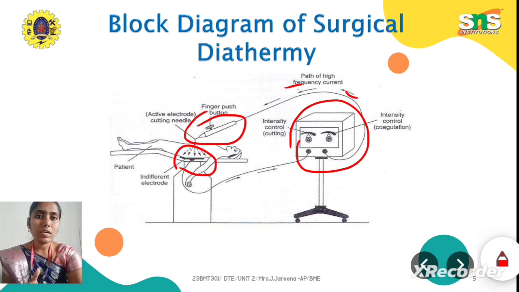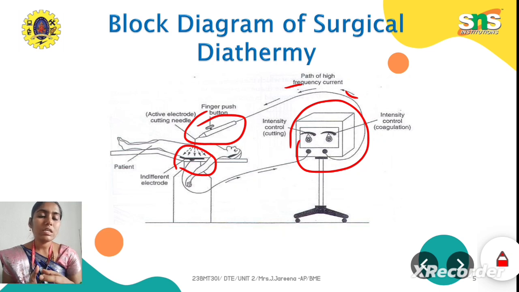Whatever current flows from the machine to the patient has to return back to the machine, because if the current is not returned and stays inside the body, it will lead to side effects, like all the organs and tissues will get burnt or burst. So ultimately it will end up with adverse effects.